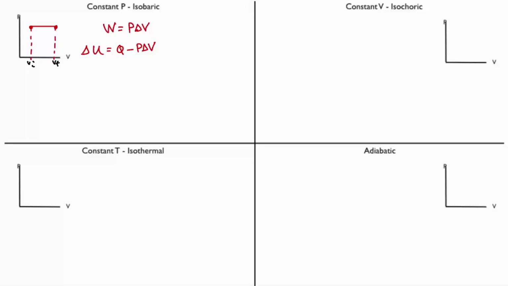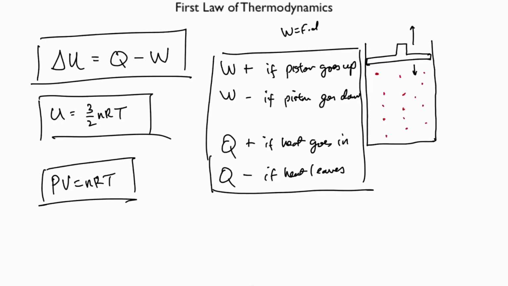I can then figure out whether or not the internal energy changed, if heating happened. Like, if this were a pressure cooker on a stove that had a movable lid, you don't want your pressure cooker to have a movable lid, and we started putting heat in, right? What would you expect the volume of this gas to do if we kept the pressure the same?